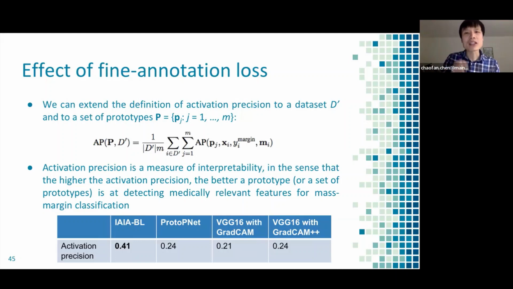This is a measure of interpretability in the sense that the higher the activation precision, the better a prototype or a set of prototypes is at detecting medically relevant features for mass margin classification. As you can see, using this metric, our IAIBL trained with fine annotation loss achieves the highest activation precision of 0.41, which tells us that it's indeed looking at the medically relevant regions.